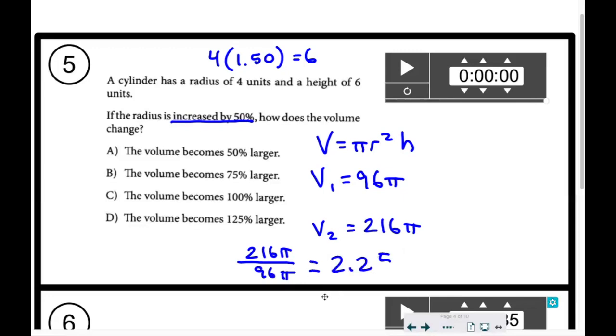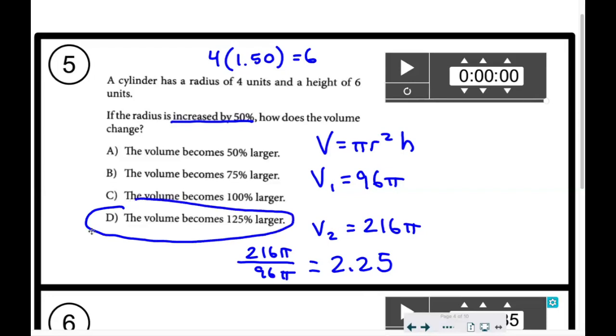If I jump back to here, the reason I multiplied by 1.50 was because it's a 50% increase, so it's 0.5 plus 1. Well, if I do the opposite of that, if I think, what did I add to 1 to get to this? That would be 1.125, which is 125% larger. So the answer is D.